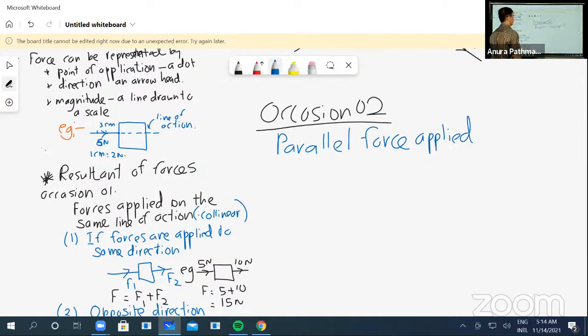Parallel forces applied on two lines of action.